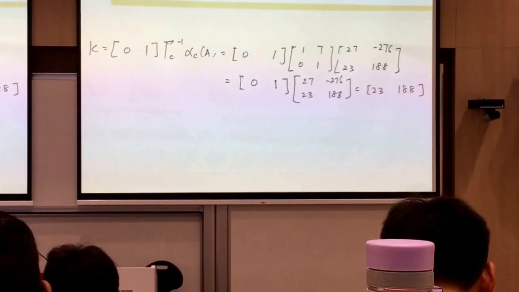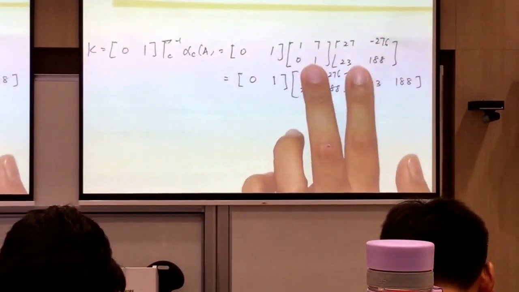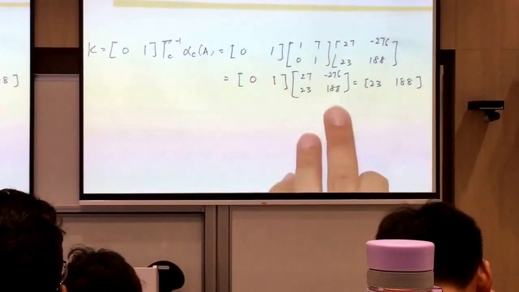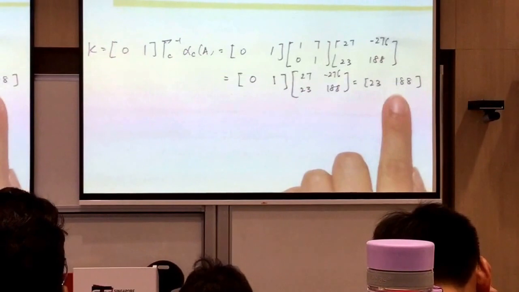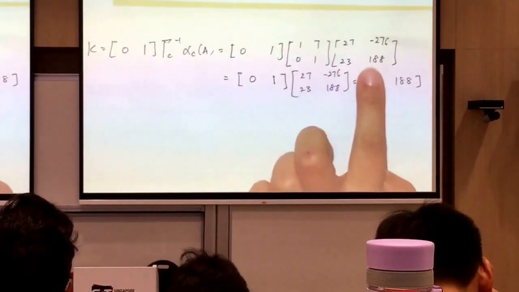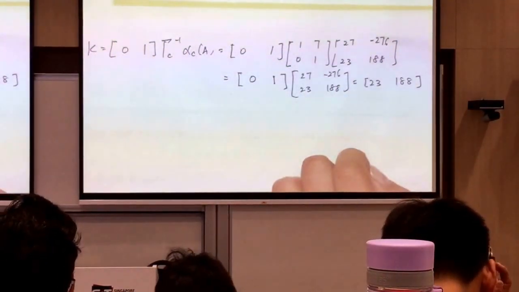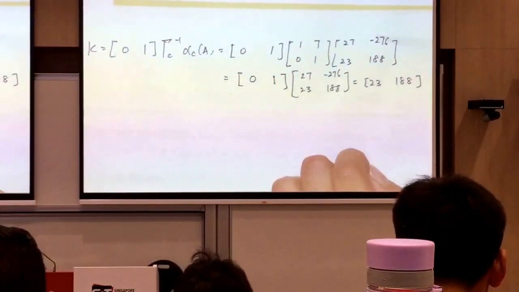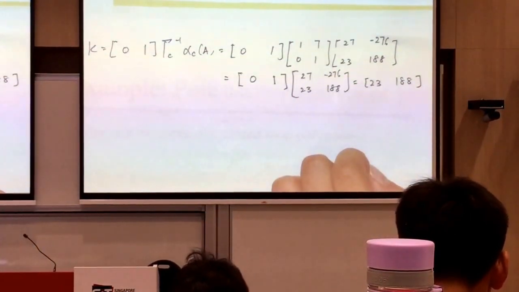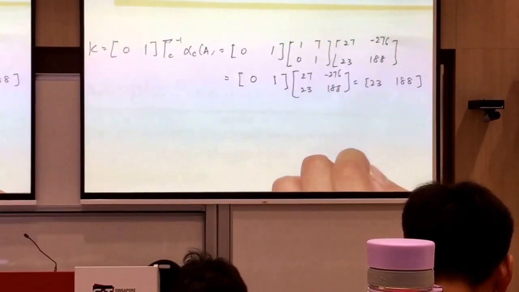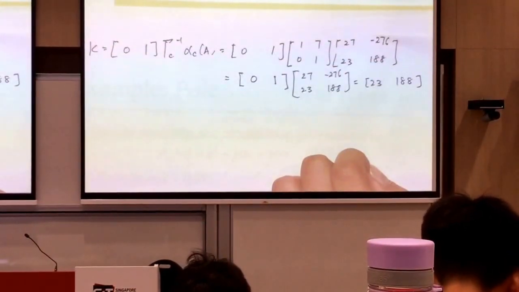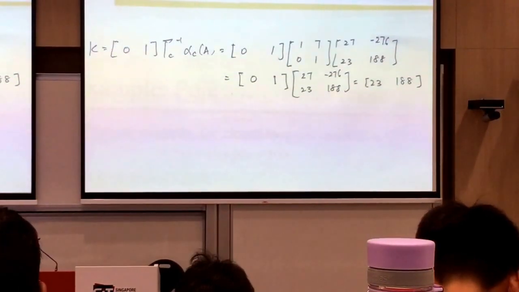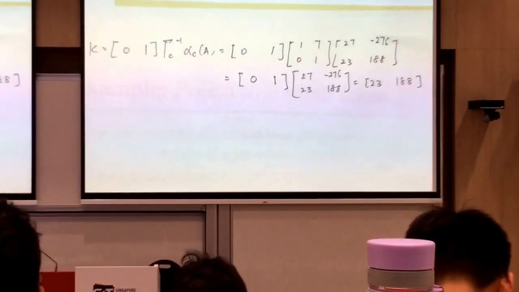You can combine these two at the back into this, and then do this multiply. Or you can combine these two in front and then multiply. Doesn't matter. I leave it to you to see whichever is easier. Okay? So it doesn't matter which way.